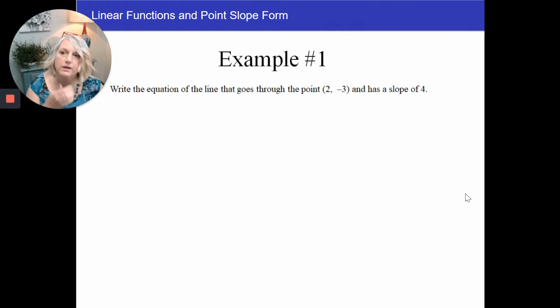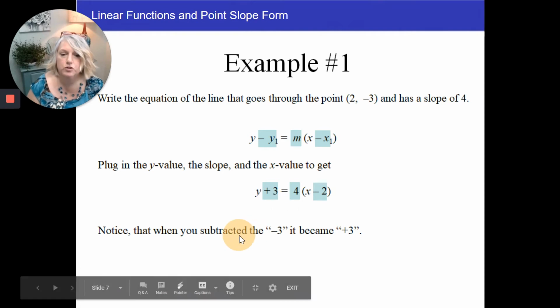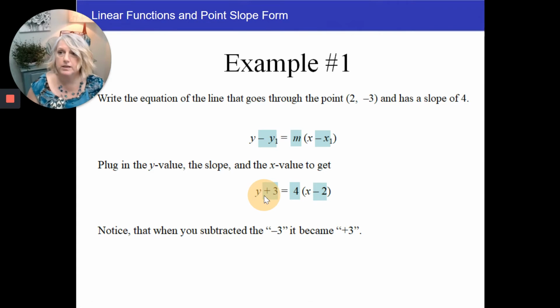So if I want to write the equation of a line that goes through the point (2, -3) and has a slope of 4, basically you just fill in the blanks. Here's my x1 and my y1, so I put in the 2, and notice right here that I subtracted -3, and so that gave me a +3 in that location.